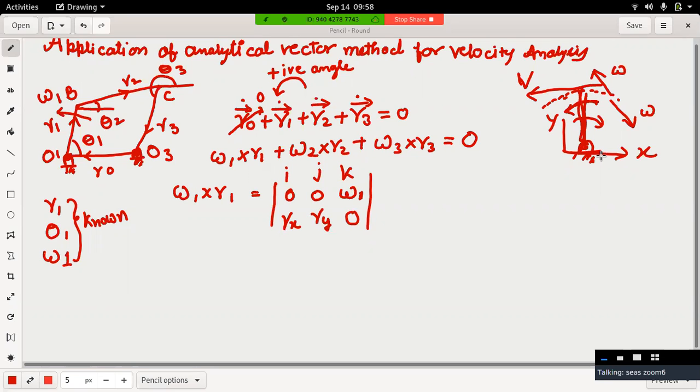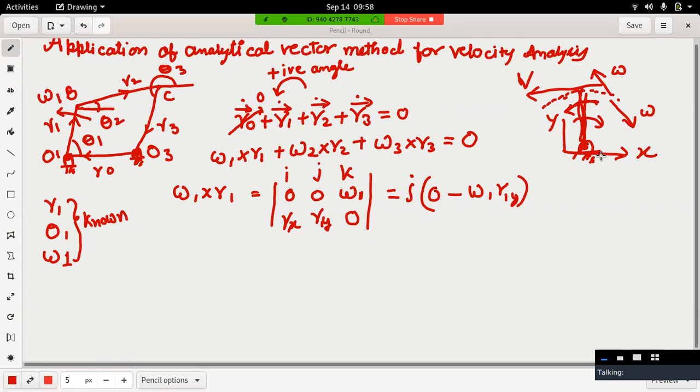So omega 1 cross R1 can be written in a matrix multiplication format, and then we can write I, 0 cross 0 means 0, minus omega 1 r1y. Okay, omega 1 r1y.